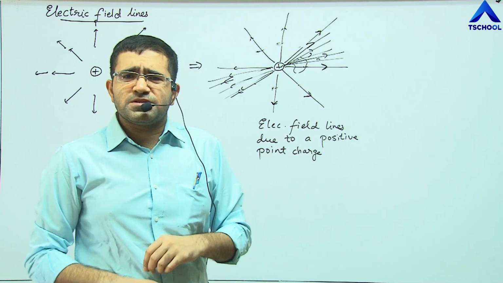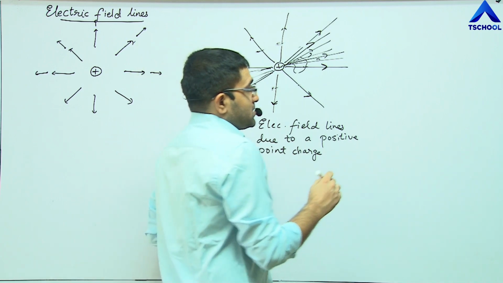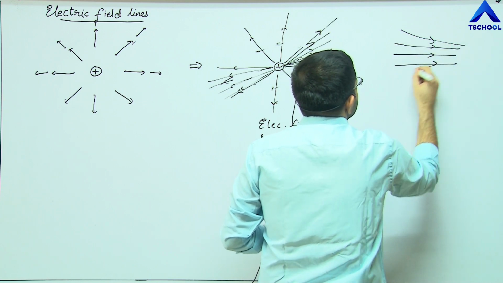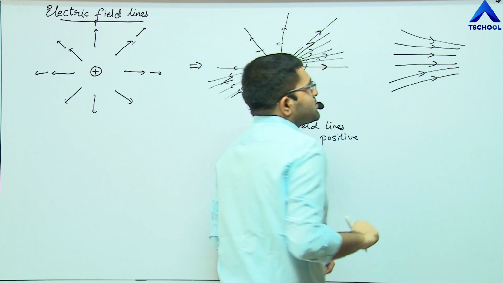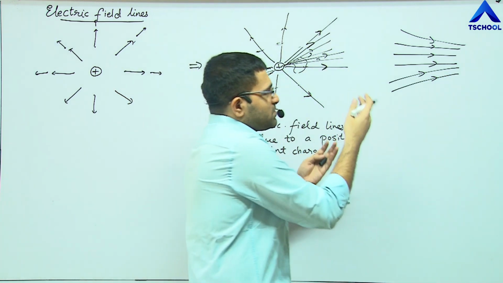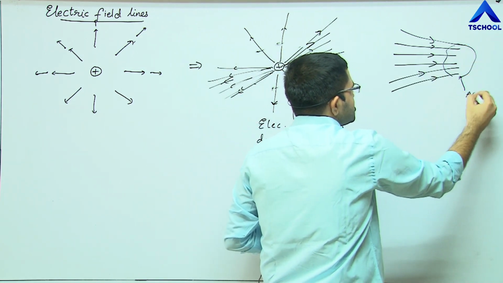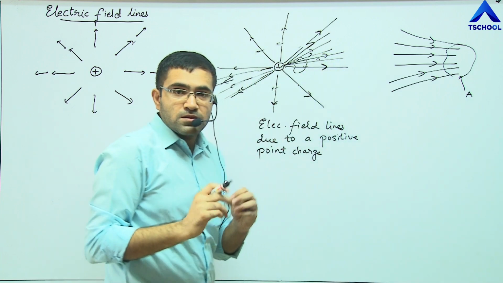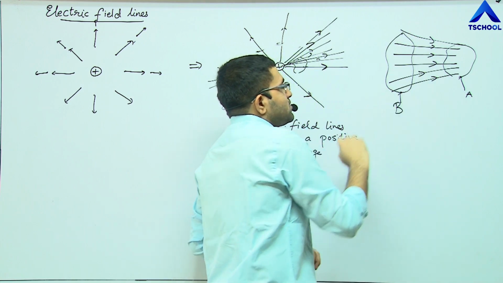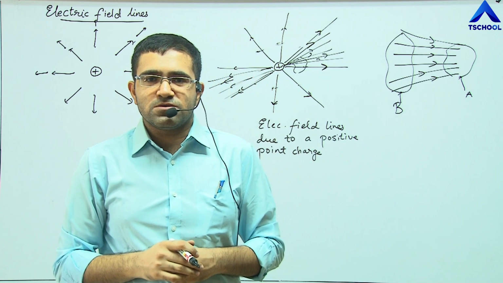So the idea is that if in some region the relative density of electric field lines is more, what do I mean? Think about, let's say that some charge in some manner has created this type of field lines. The field lines are very close to each other in this region A, but comparatively, in region B, the field lines are a bit spread out, far away from each other.